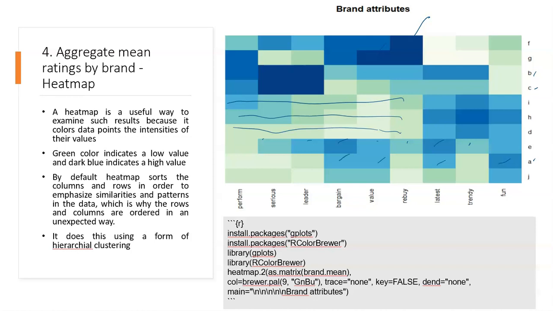Whereas J is again high on fun, and a little bit on bargain and value. So that gives an initial inspection, and an understanding of the data, of which brand is loading high on which. It gives a very easy way of visualizing this.